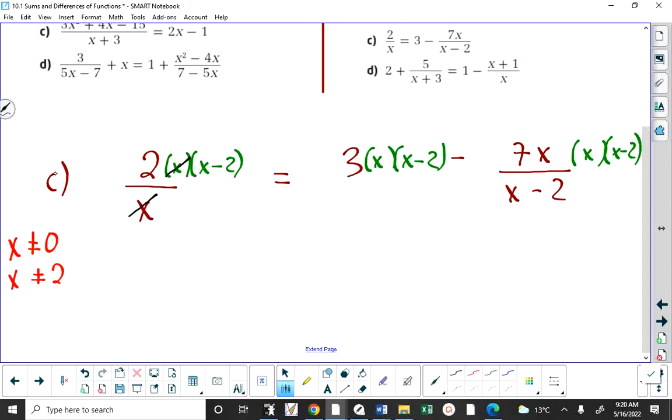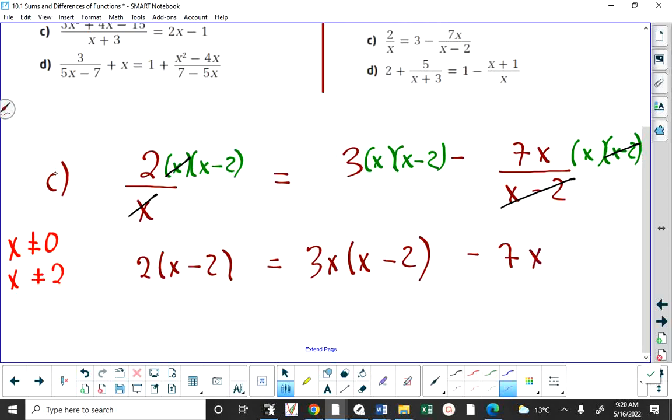What happens on this side is the x minus 2's cancel, but everything else survives. So we're left with 2 times x minus 2 is equal to 3x times x minus 2. This is going to be where the quadratic nature of this equation makes its appearance. And then over here, oh, we also have more x squareds.